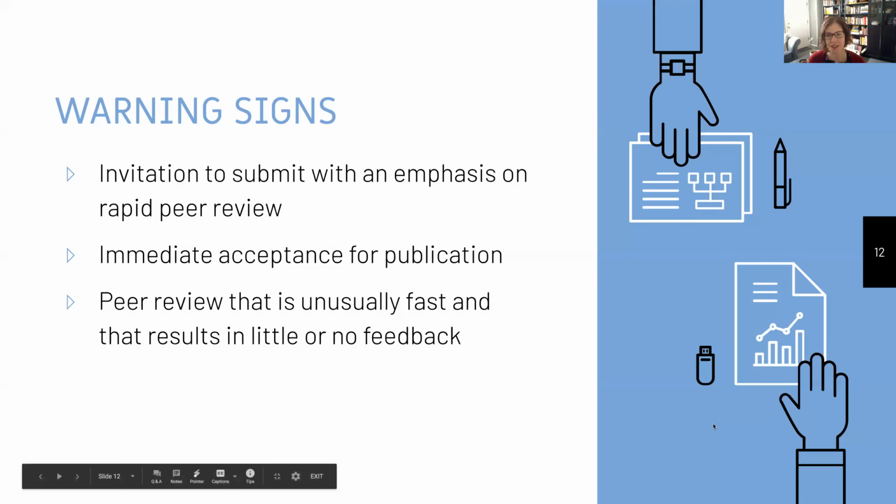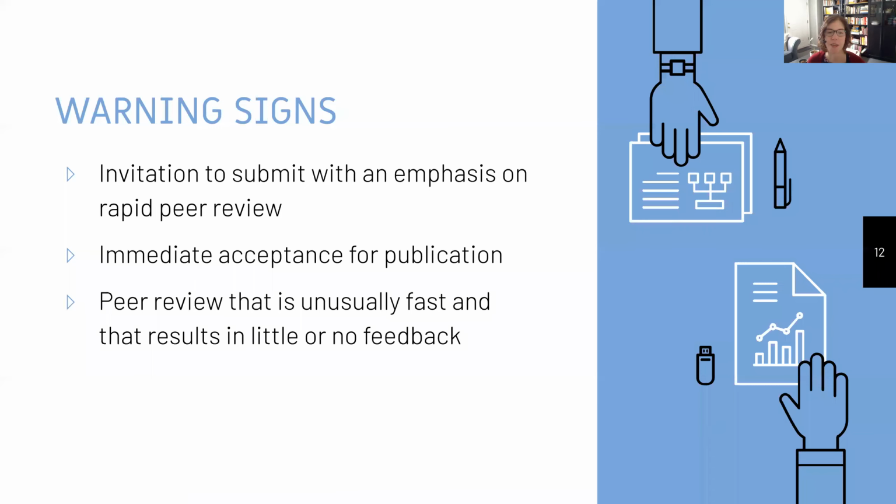In addition to this emphasis on the rapid turnaround for peer review and publication, you might find that after you submit an article, it's accepted for publication almost immediately, or it's allegedly sent for peer review, but then returned very quickly and with little to no feedback. At first, this might seem great if you get peer review that says everything looks great, this is wonderful, or tiny insubstantial comments.